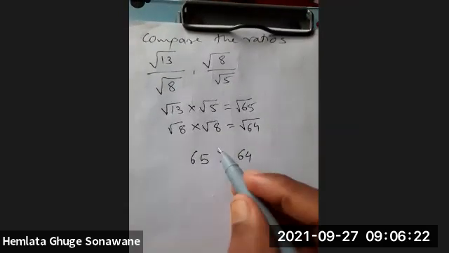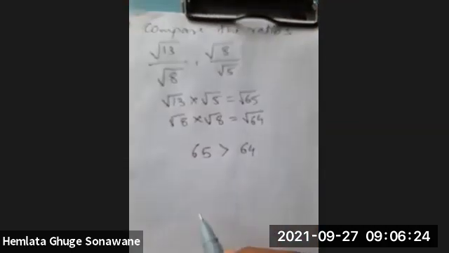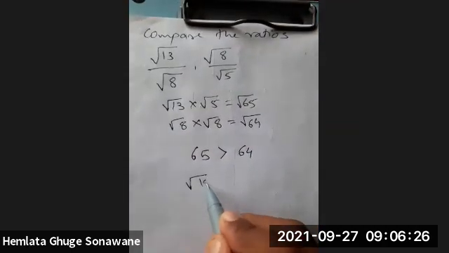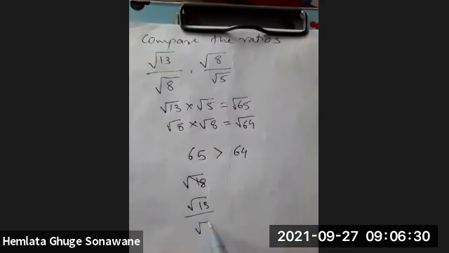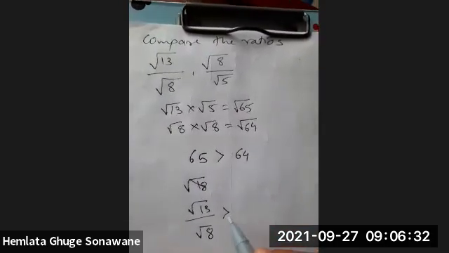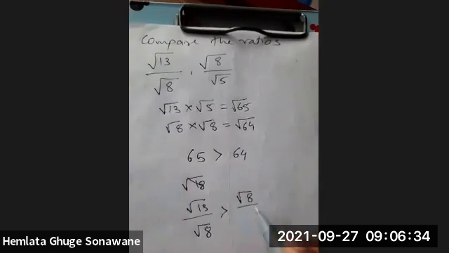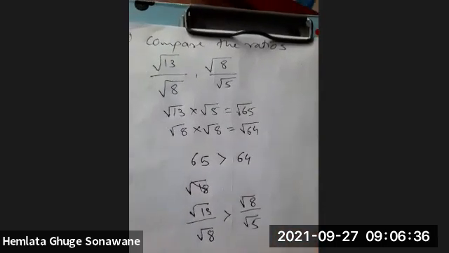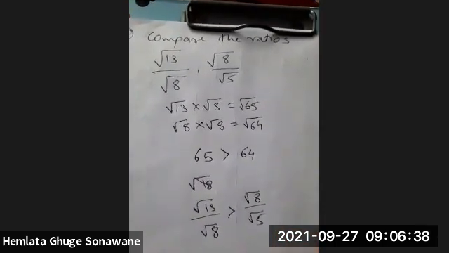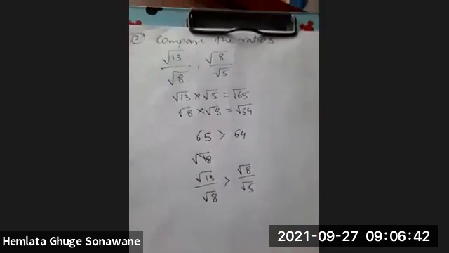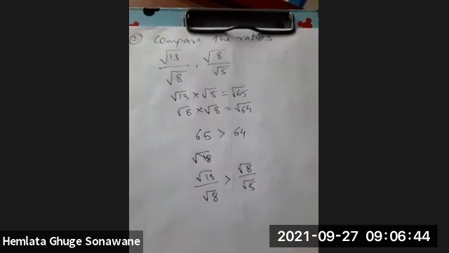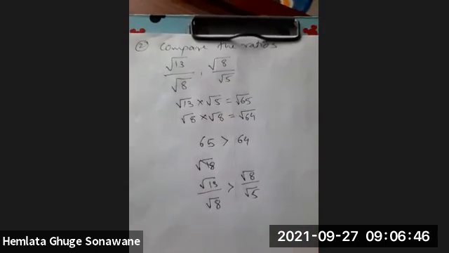We'll apply the same to the given ratios: under root 13 upon under root 8 is greater than under root 8 upon under root 5. Understood, everyone? Okay, we'll move towards the next example.